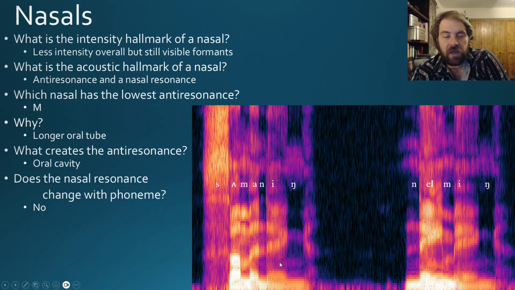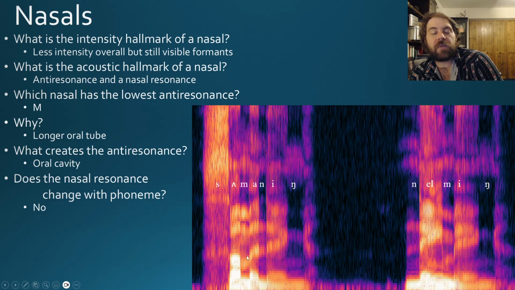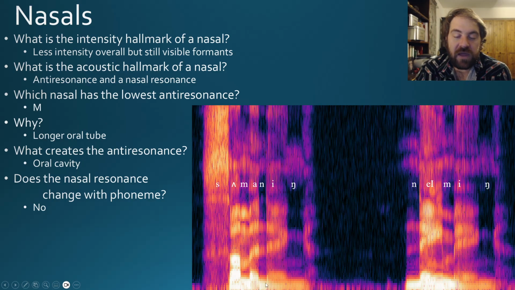So here's your vowel and then we go into the N. Okay, so the energy here looks the same. The nasal resonance is way down here, just like it was for the M. We've got some anti-resonance up here. So anti-resonance up there. Summoning.